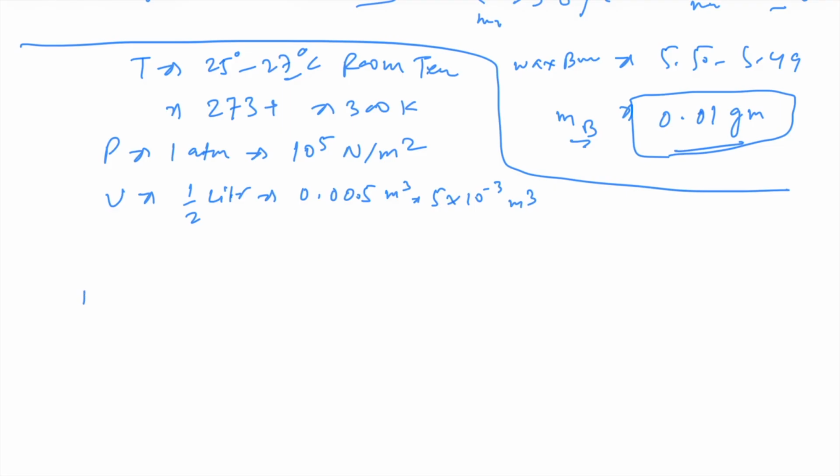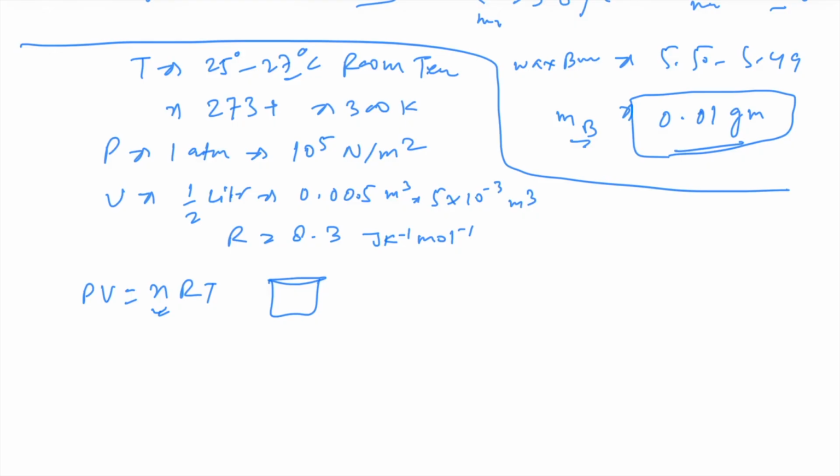Since we'll use PV equals nRT to find out how much mole of gas was present in the tumbler, the glass, okay. So we need R in SI unit, which happens to be 8.21 or 8.3. Let's take 8.3, with the SI unit joule per Kelvin per mole, right?